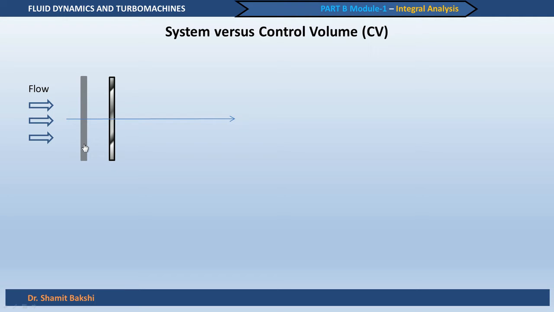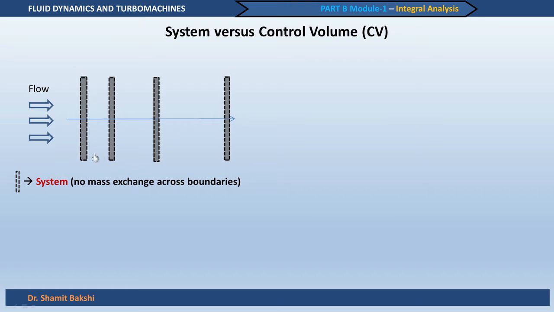This is the previous position of the plate and this is the new position, and then it keeps moving further and further. Now, we can draw a boundary across the plate, as shown here. These dashed lines indicate the boundary. This is essentially the system boundary.